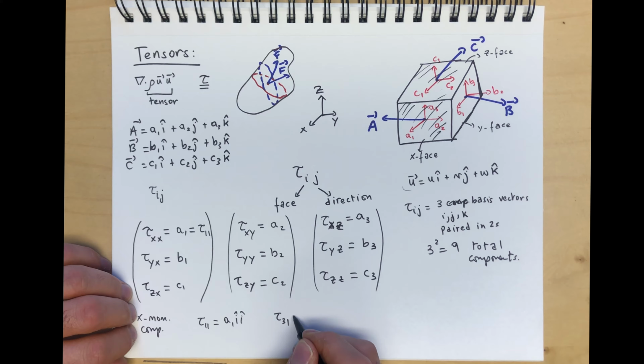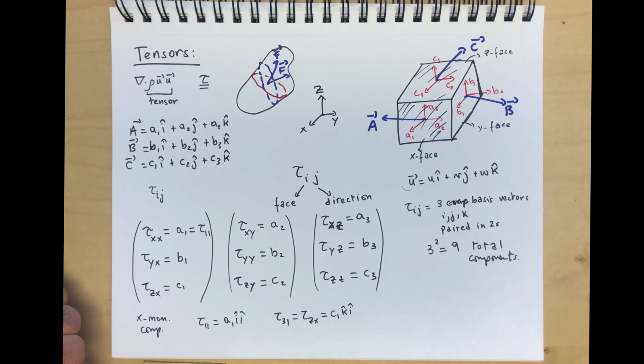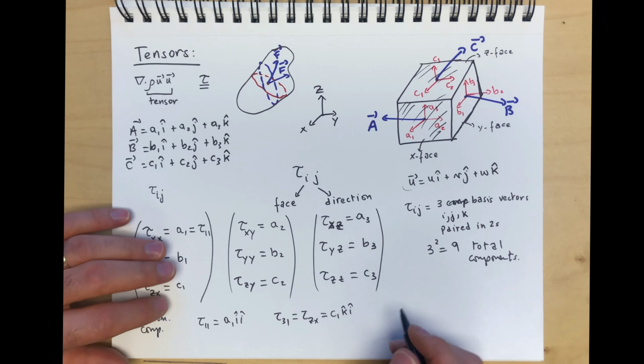Tau 3, 1, for example, that's tau zx, that's on a z face in the x direction. So that gives us c1, on the z face in the i direction. Just put the vectors next to each other, ij, etc.